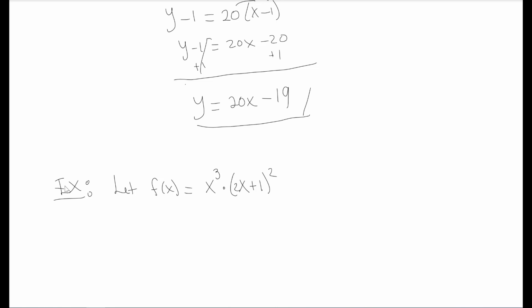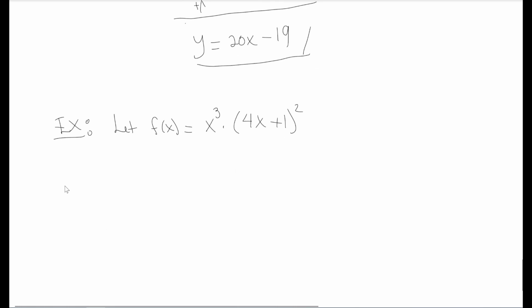Now this one we could multiply it all out, but let's use the chain rule to do it. And let me switch this function a little bit. In fact, let me do x cubed times 4x plus 1 squared. So we could multiply this all out, but let's try to use the rules that we know.